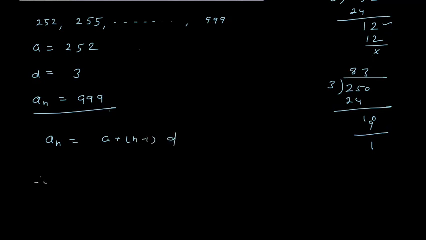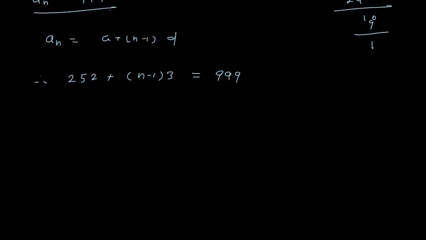So therefore I will say that 252 plus n minus 1 into the value of d, which is 3, is equal to an, that is 999. So therefore here we have n minus 1 into 3 is equal to 999 minus 252.